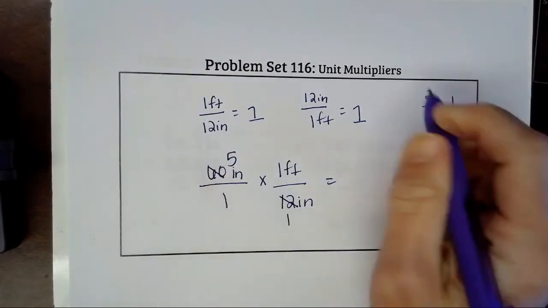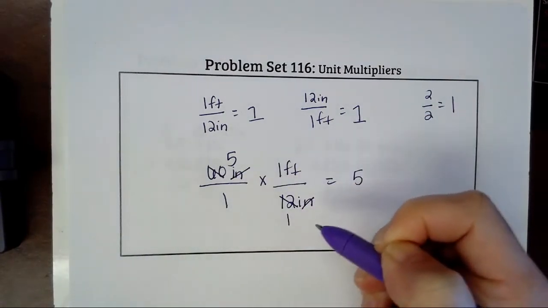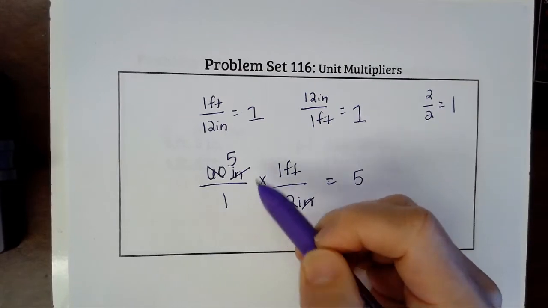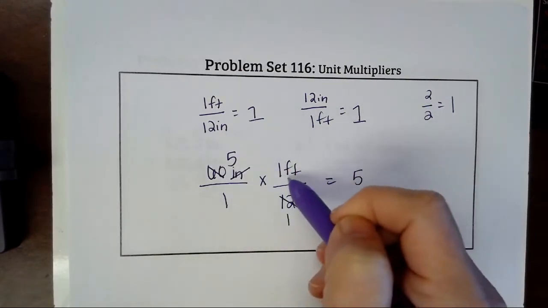Oh, and we cross out our inches here. We cross out inches and inches there, and now we've got 5. What we have left is feet. So our answer is 5 feet.